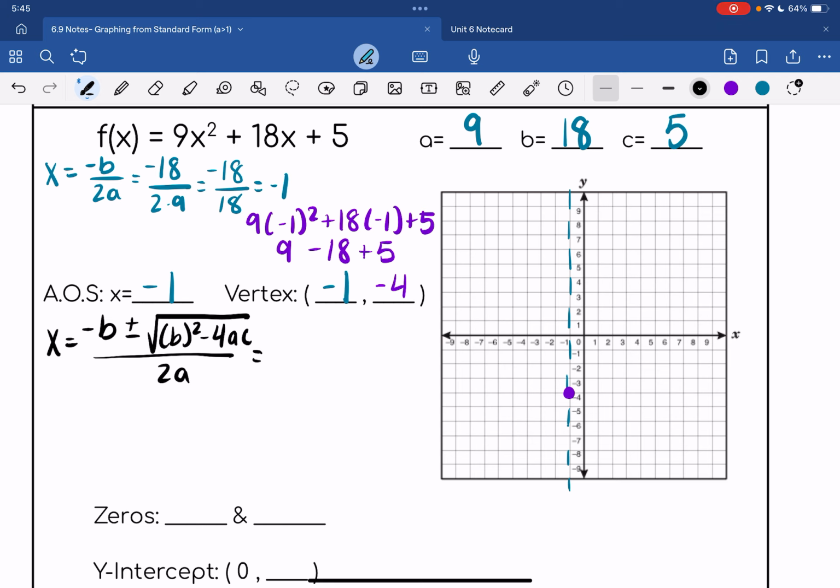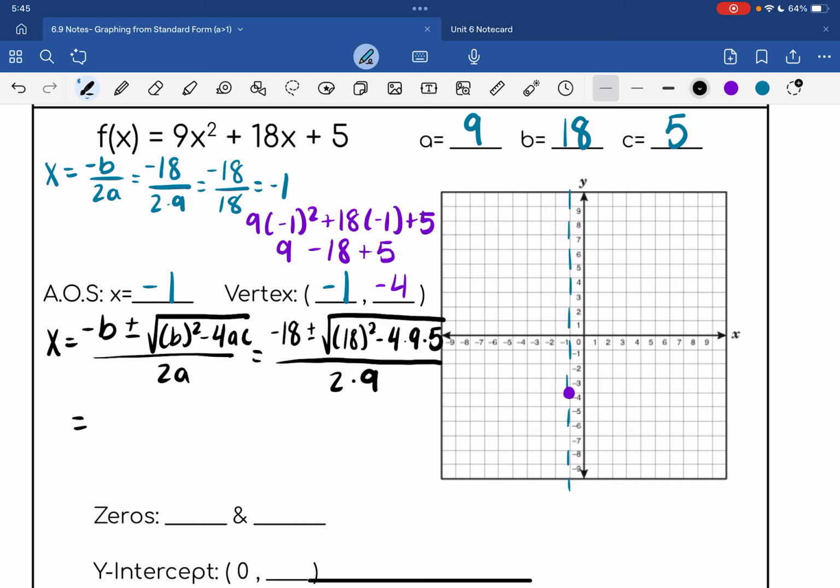So negative b is going to be negative 18 plus or minus the square root of 18 squared minus 4 times my a value, which is 9, and then my c value is 5. So 4 times 9 times 5, all over 2 times a. So 2 times 9. Okay.